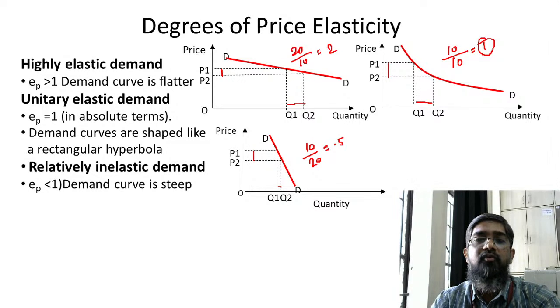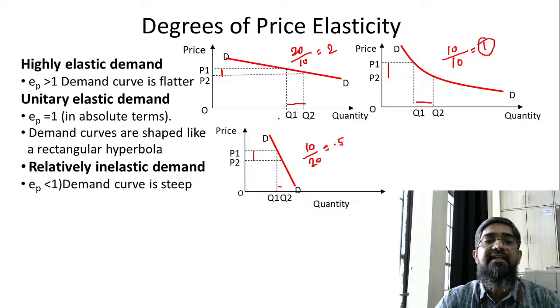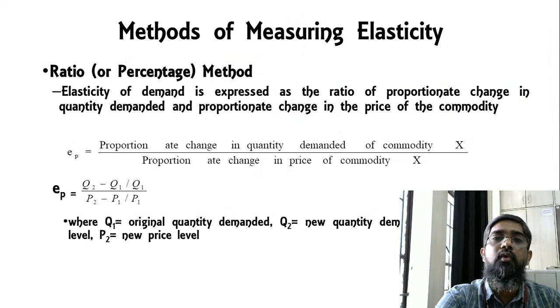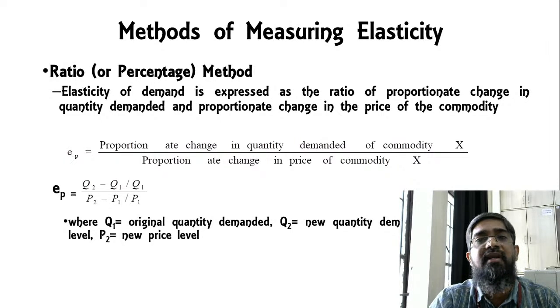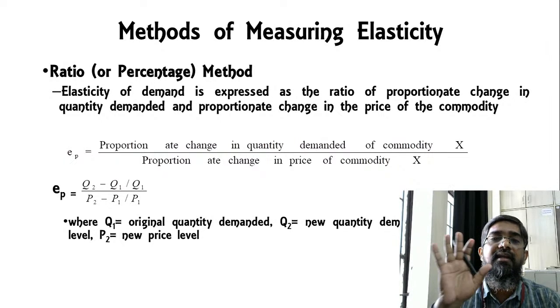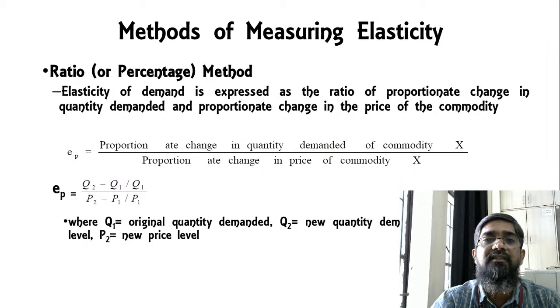Okay, so these are the 5 different degrees of price elasticity. Quickly we'll move on to methods of measuring price elasticity. There are 4 different methods of measuring price elasticity.